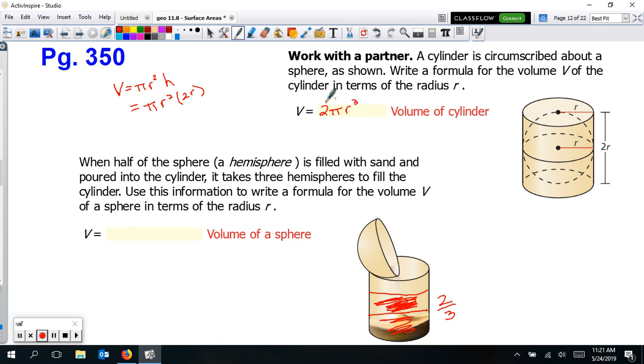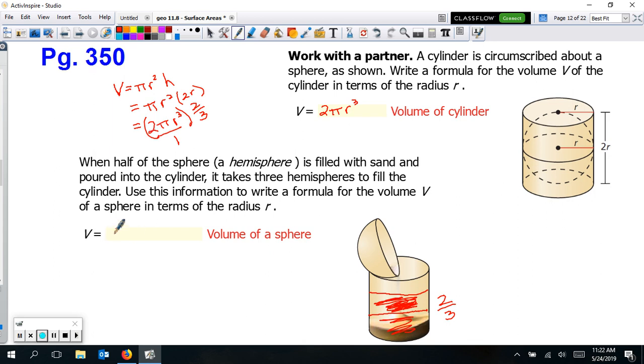So if I were to multiply this now, and I'll just do it over here, I'll simplify this down to where I had this. If I multiply this now times 2/3, I'm going to end up getting my formula for the volume of a sphere. So when I do this, it'll be like this is over 1. So when I multiply on the top, I'm going to get 4 up on top.